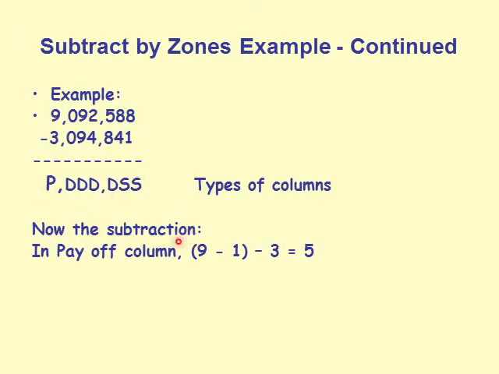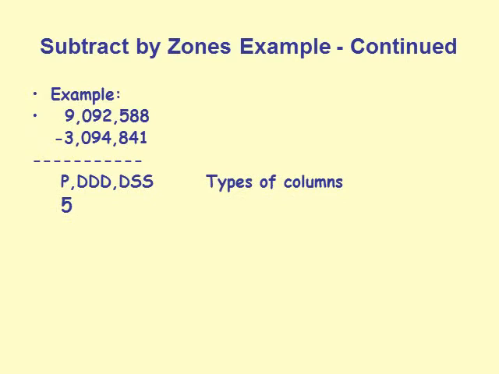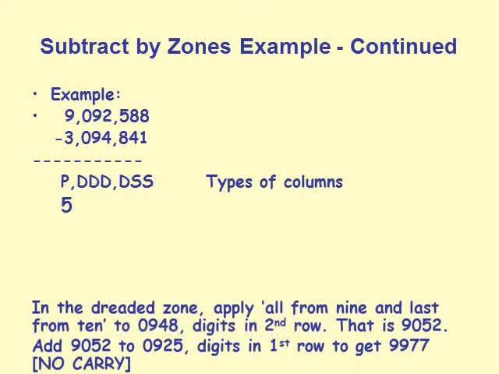Let's start subtraction now. In the payoff column, we apply 1 less than before to our own team player, 9 minus 1, minus 3 for the competing player's position. So 8 minus 3 is 5. So in the leftmost position, the answer digit is 5. We have gotten 1 digit of the answer. Let's continue further for the other digits.